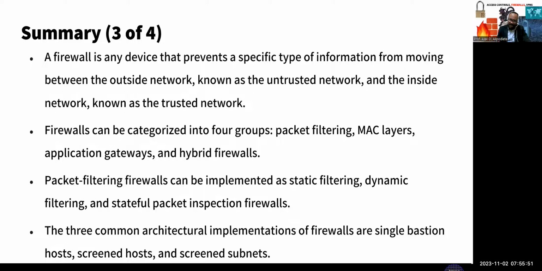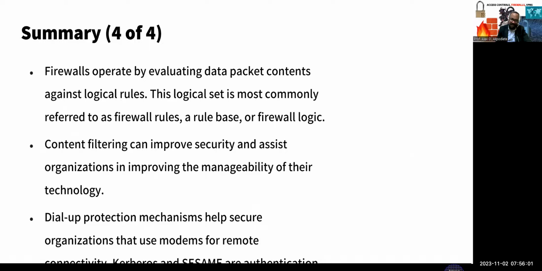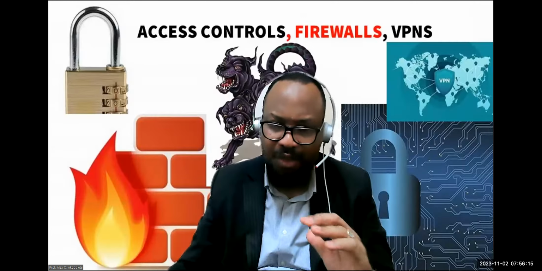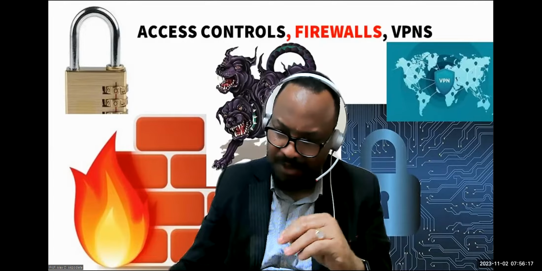We didn't spend too much time on it, but know that you can structure a firewall as a single bastion host, screened host, or a screened subnet, which is what we now call the DMZ. Also know the distinction between packet filtering and content filtering firewalls, and how you structure the rules for your firewall, based on what you want to accomplish in your own organization.